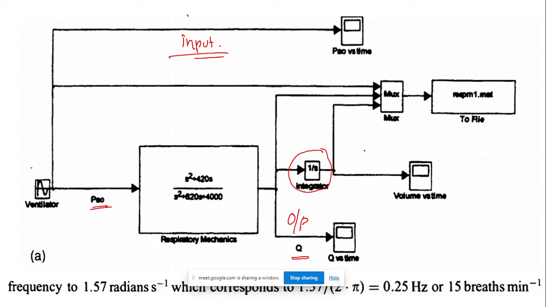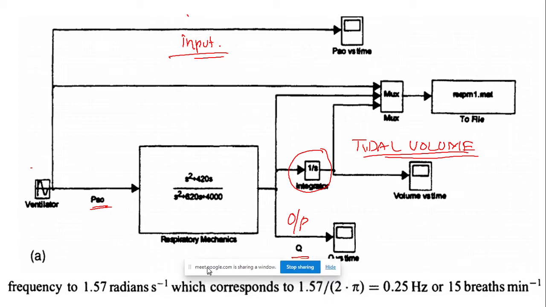This is called tidal volume. Tidal volume is the volume of air that you normally inhale and exhale when you breathe in and breathe out. We are going to see this particular response.